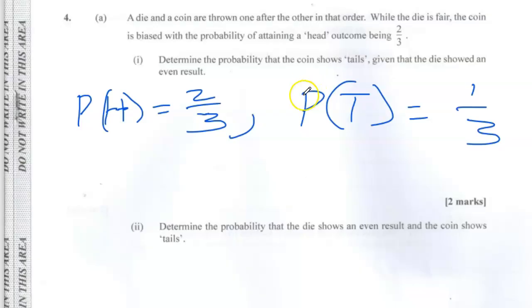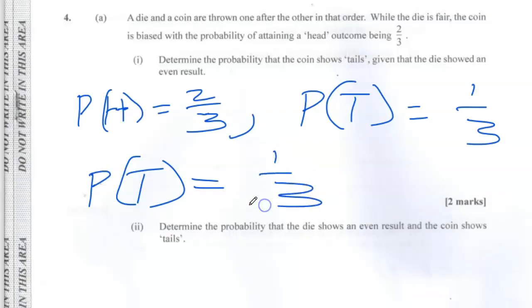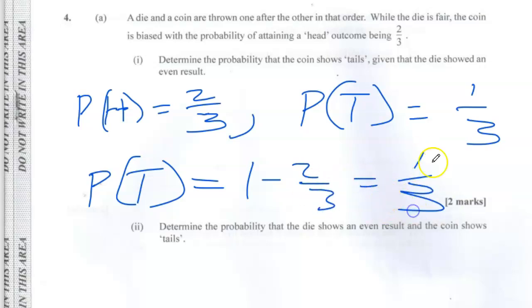So the probability of tails, using T for tails, is 1/3, because the head is 2/3, so tail is 1 minus 2/3, which is 1/3. Notice both head and tail must add to give 1.